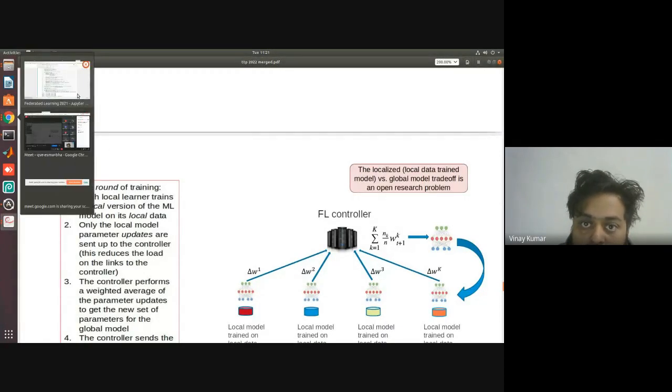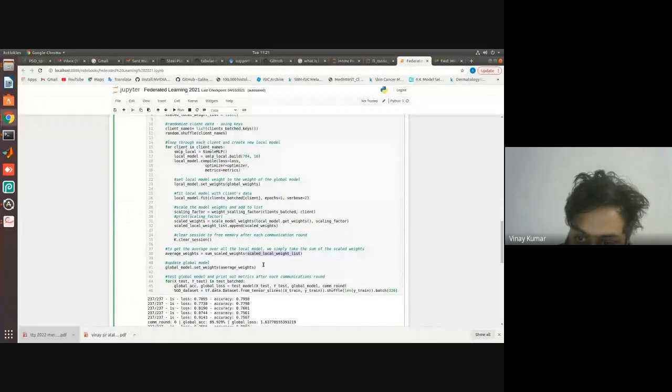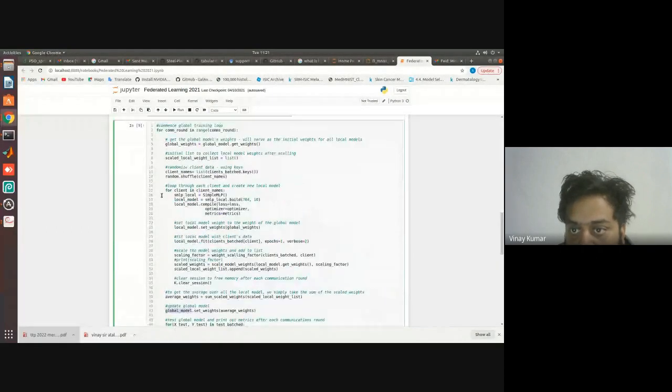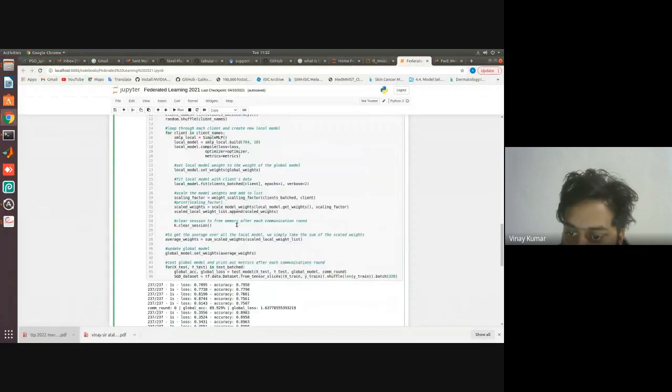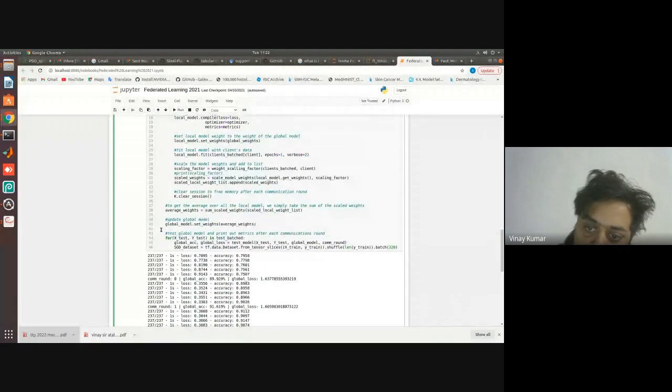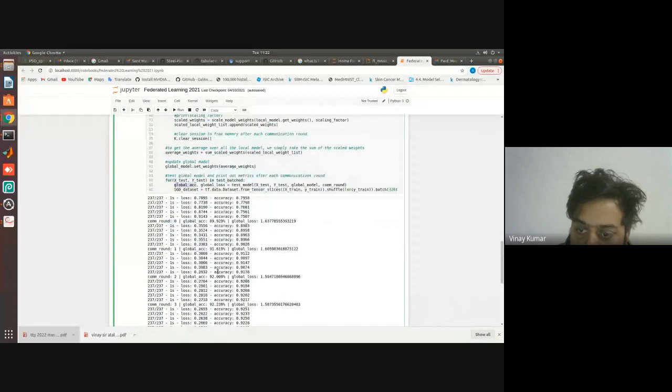Then this average weight is set to the global model, and the loop goes on. We get the global weights from here again, and this loop goes on 10 times, as our communication round is 10 here. After that, we calculate the global accuracy and global loss.